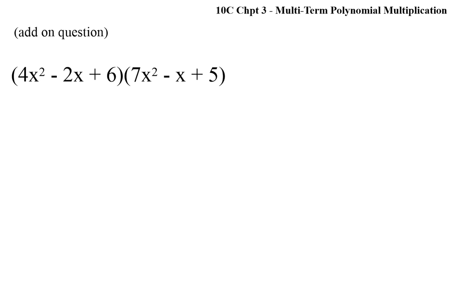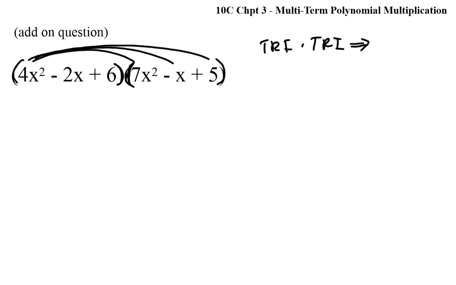Well, here we go. What the difference here is we have a trinomial times a trinomial. How many multiplication steps? That's the first question. Know what you're multiplying. A trinomial in brackets times another trinomial in brackets. So it is multiplication. Well, how many multiplication steps do you think there'll be? 4x squared has to multiply 3 times.